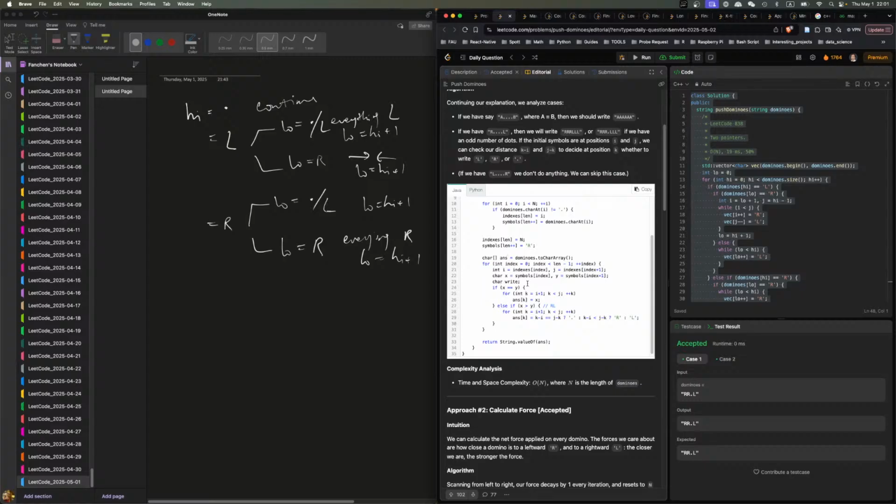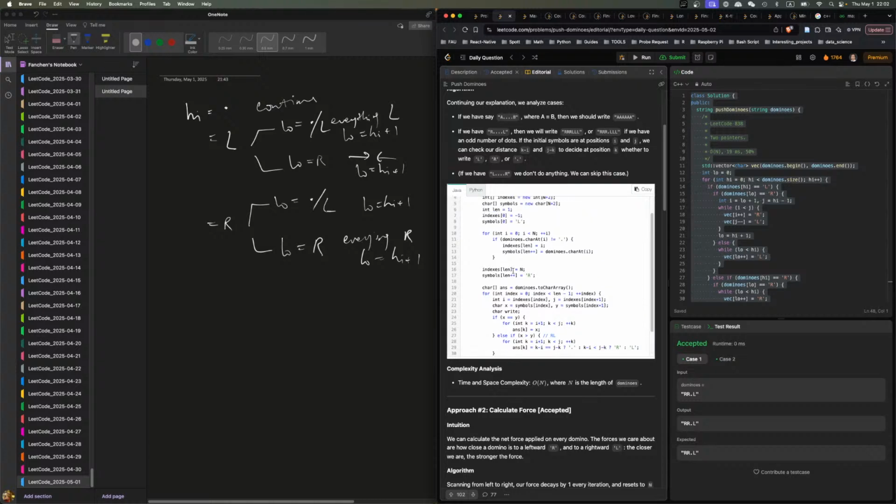Yeah, if the two are the same, then you populate with X. If it's RL, then you go meet in the middle. And if it's the other one, you don't do anything. And then just move index forward, right? Index forward, I have I, J, and a symbol.